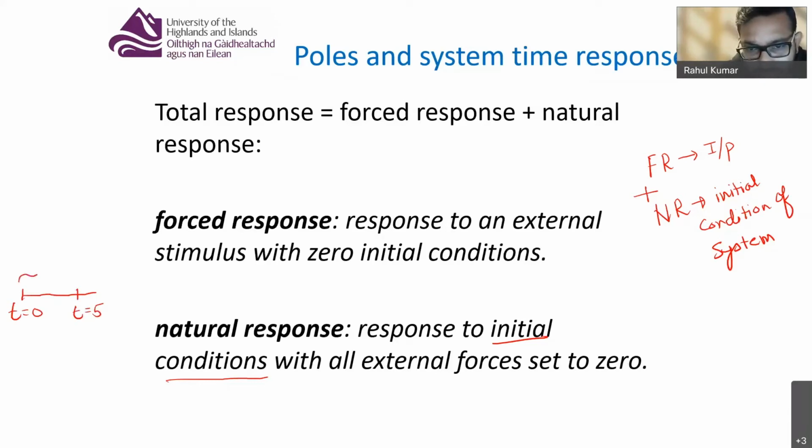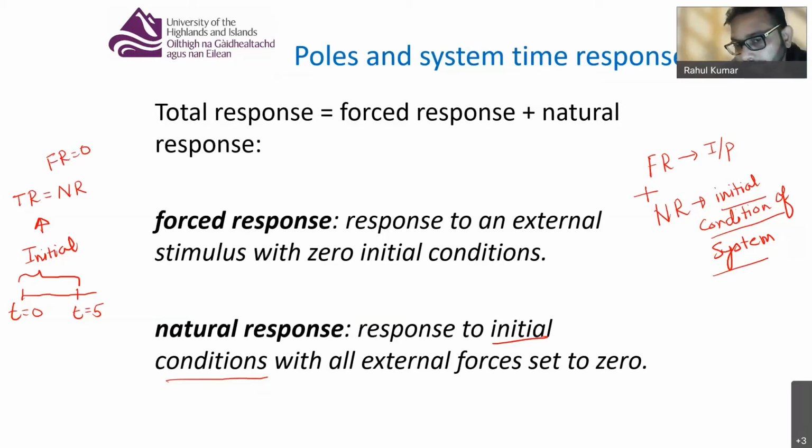This is the initial period. In this initial period, my total response will be only because of the natural response, that is the initial condition of the system, and the forced response will be 0.